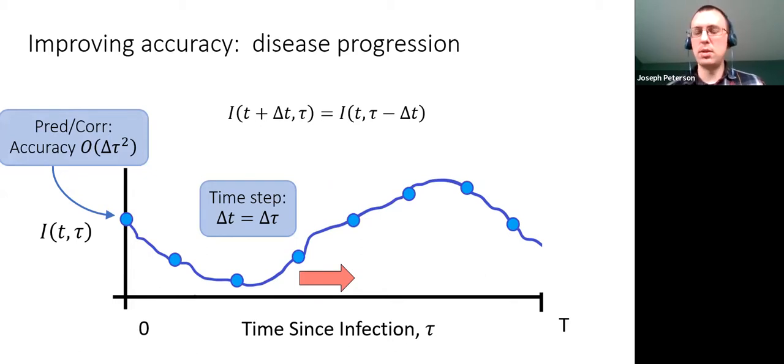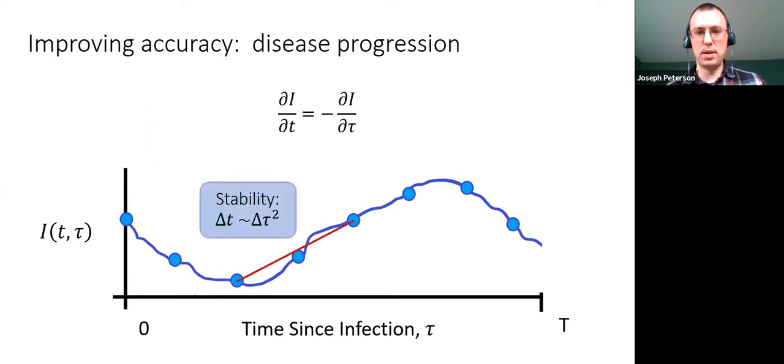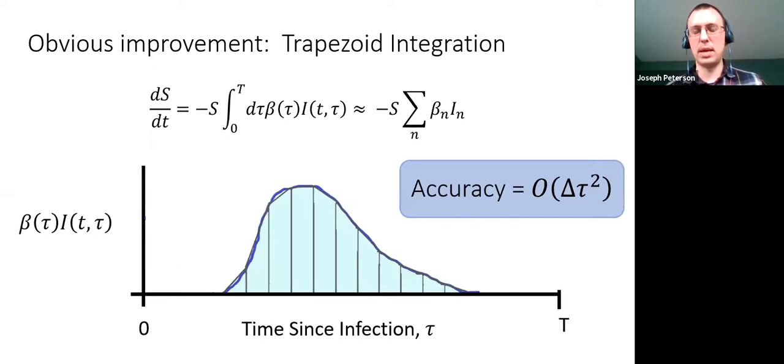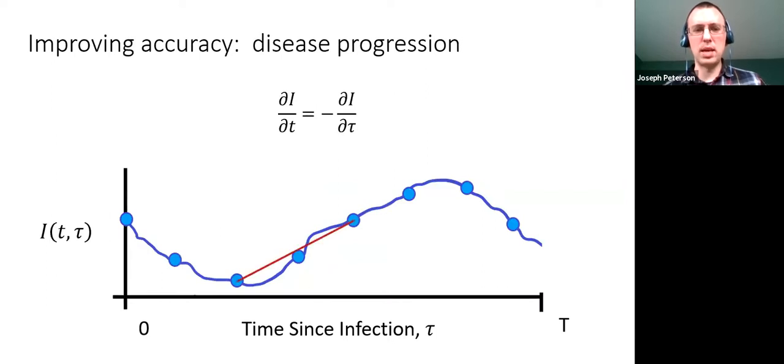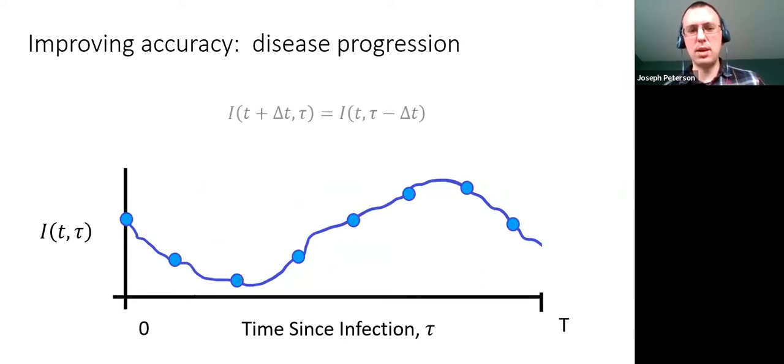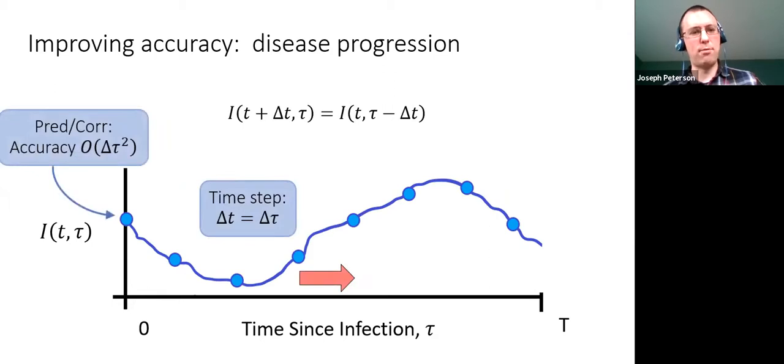A natural question might be whether you can move forward to do, for example, let's go back a slide, in this step here, what if instead of trapezoid rule, you did a Simpson's rule or something, so you could have fourth order accuracy in your quadrature here. Could you do the same thing and use, for example, a Runge-Kutta method in order to have fourth order accuracy at this point here? And it turns out you can't.